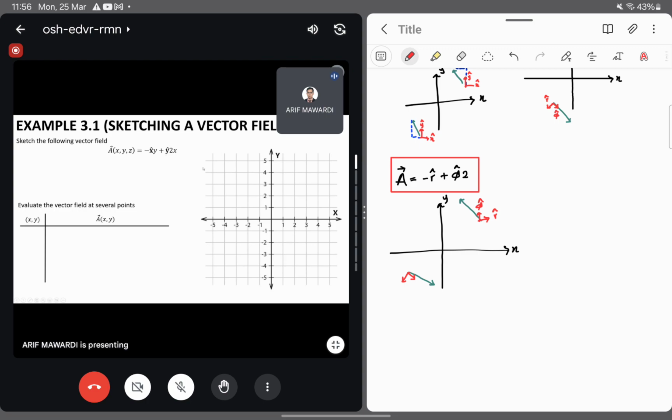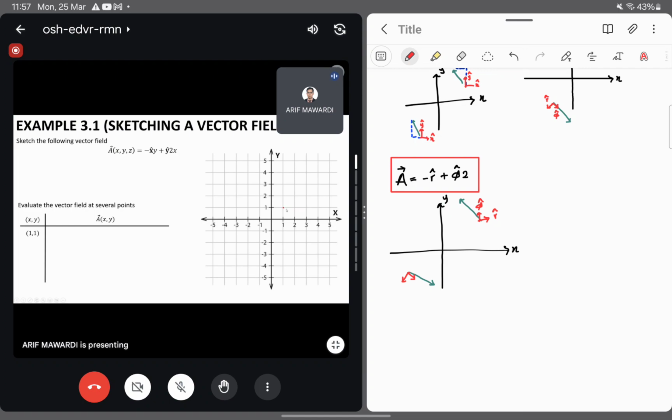We will look at this example here. For example, I have this point here, and I want to sketch the vector at this point. The x coordinate of this point is 1 and the y coordinate is 1.